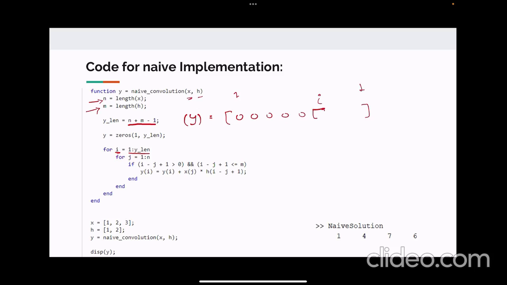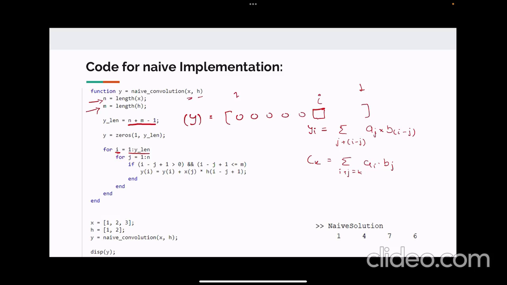At each index i, what I want to do is calculate yi. How will I calculate yi? We already know yi is a summation. Here I can just say it's the sum over j of x of j times h of i minus j, which is the same form as ck equals the summation over i plus j equals k of ai times bj. I've just reduced one variable here and written it.